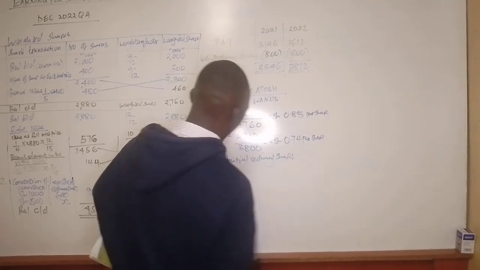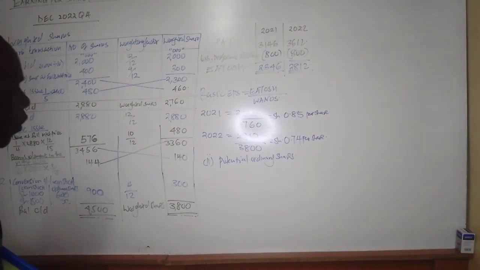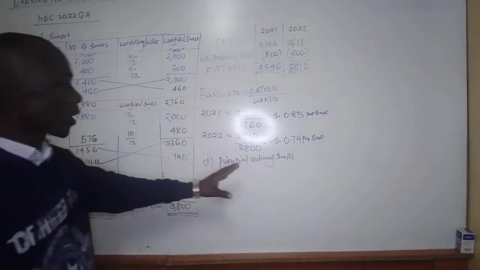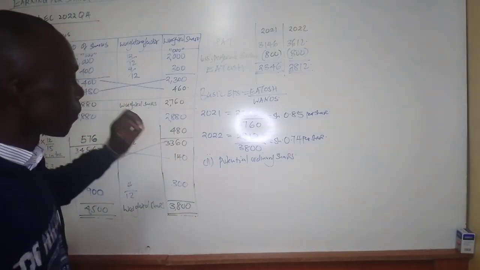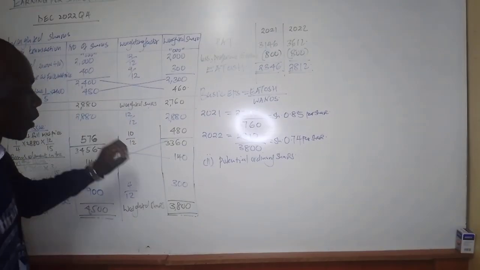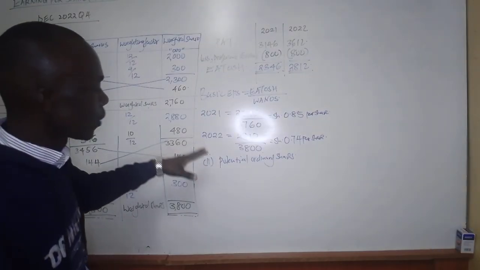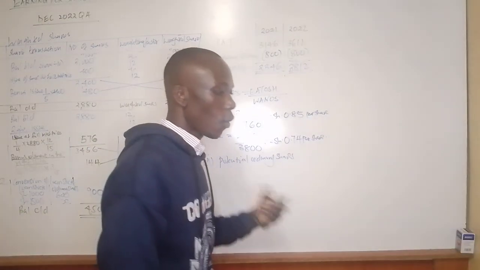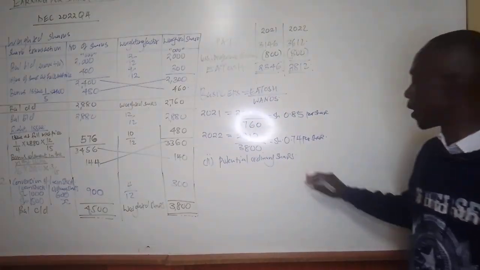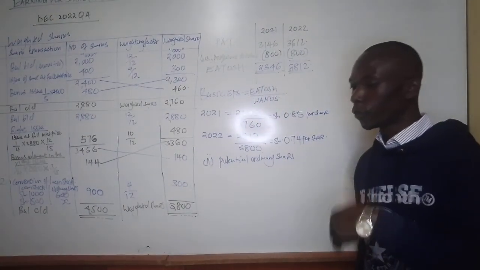Remember, we had said earlier that these potential ordinary shares are those financial instruments or contracts whose holders are going to be entitled to become the ordinary shareholders at a future date.